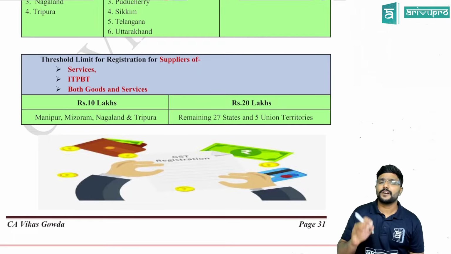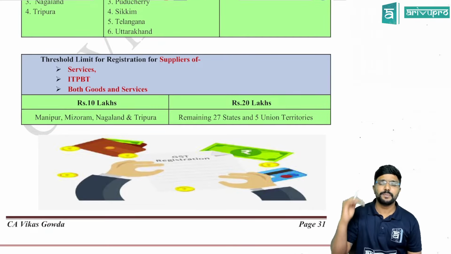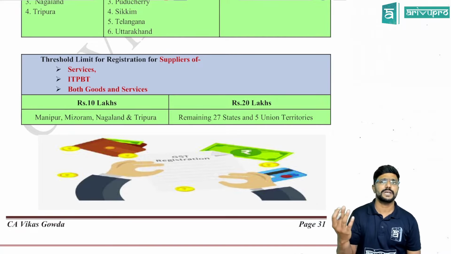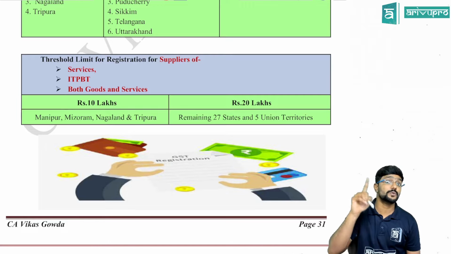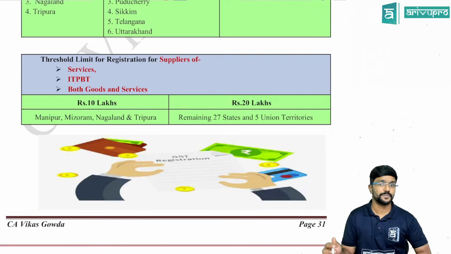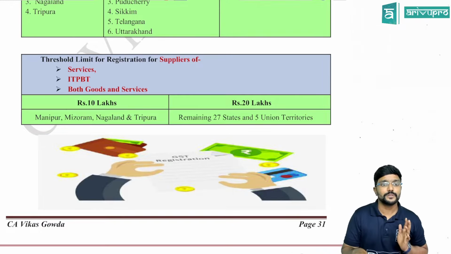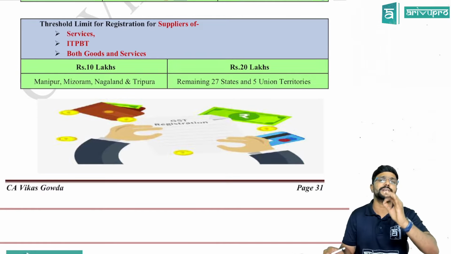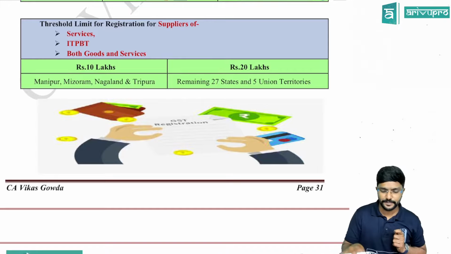Then for the supplier of only services, or ITPBT, or goods along with services, whether within the state or outside the state. And if it is outside the state for goods, it is mandatory registration. Whereas if it is outside the state for services, the 20 lakh or 10 lakh limit will be applicable. So in case of MMNT, the limit applicable is 10 lakh, whereas in any other case, that is in any other states or union territory, it is 20 lakh.